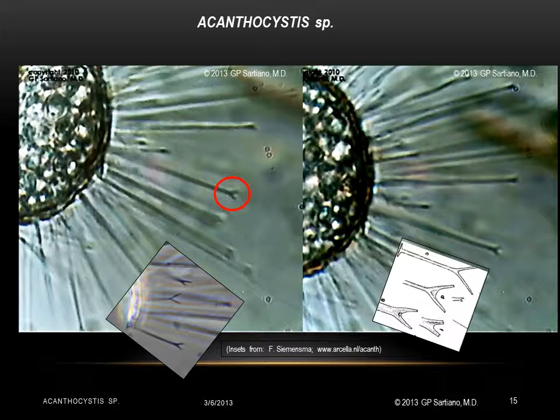Note that some of the spicules appear to have bluntly rounded tips. This appearance may be artifactual and may actually represent the angle at which the bifurcated tip is being viewed.